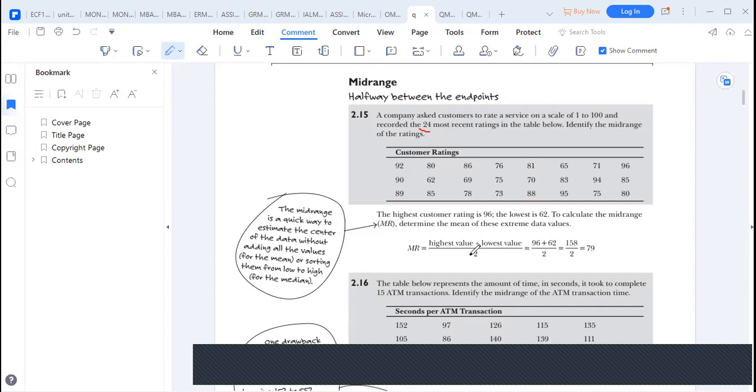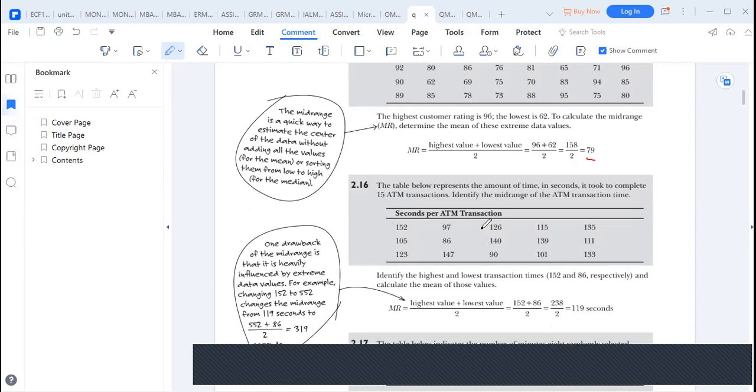Mid-range is simply the highest value plus the lowest value divided by 2. So our highest value is 96, our lowest value is 62. We add them and divide by 2, which is 79.